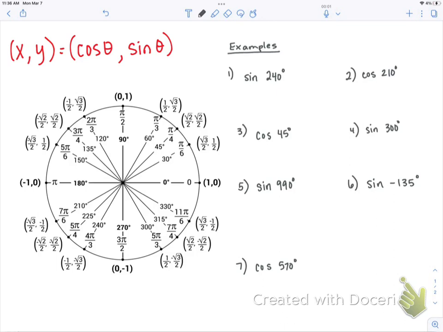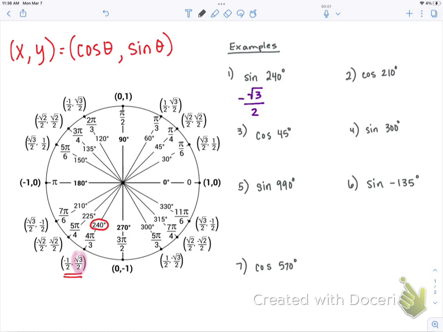So for example 1, we want sine of 240 degrees. So looking on my unit circle, 240 degrees is right here. We look at our ordered pair, and we want sine. So sine is the y. So my y is negative square root of 3 over 2. So sine of 240 degrees is just negative square root of 3 over 2.